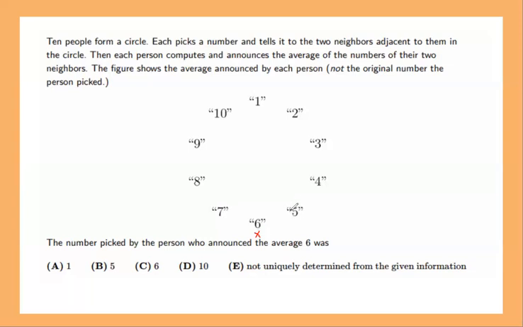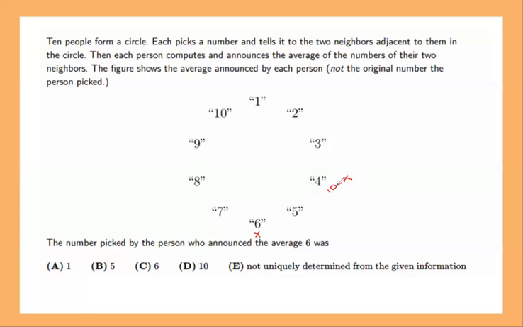If I double this number, that's 10. So 10 is the sum of the numbers picked by these two people, so this is going to be 10 minus X. If I take X and 10 minus X, that's 10, and half is 5, which is good. Then we can continue in either direction.